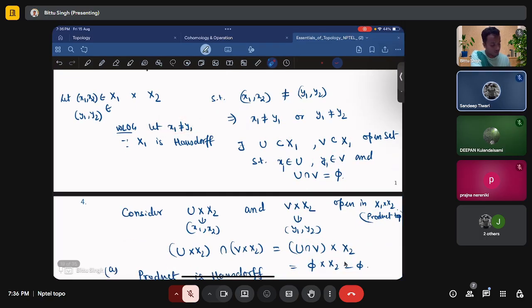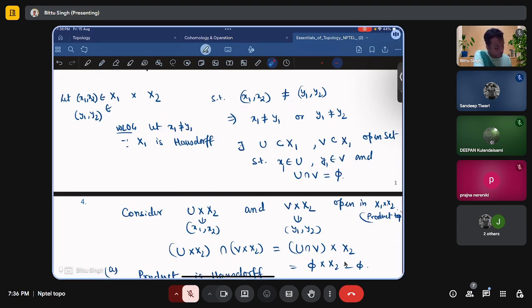At the ith place we take ui, and at the other places we take x1, x2, and so on, like this. Is it clear?